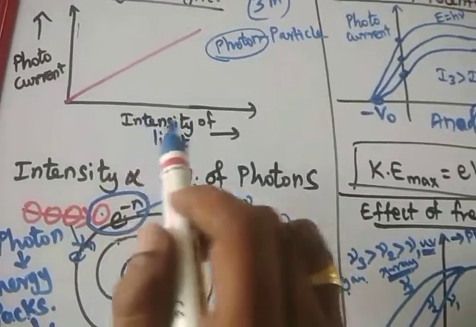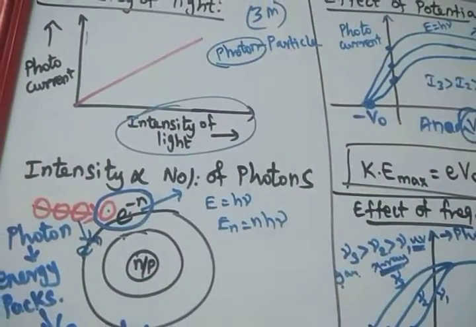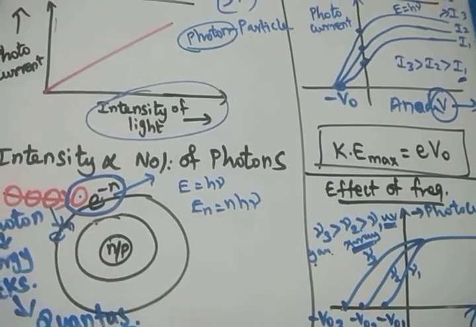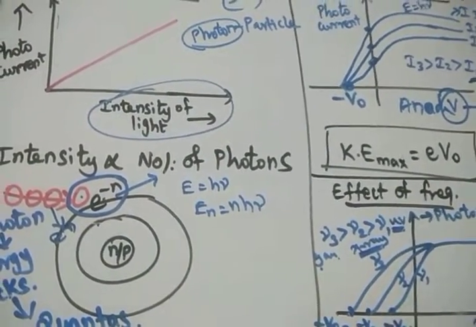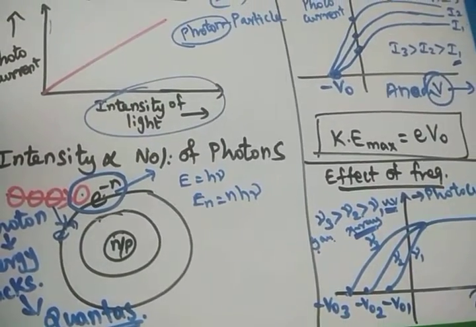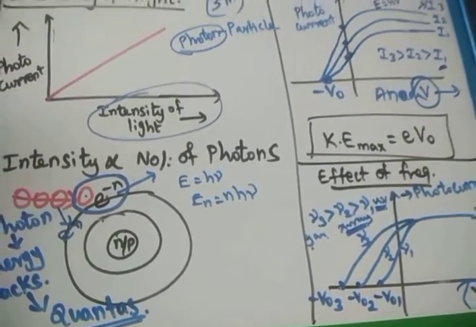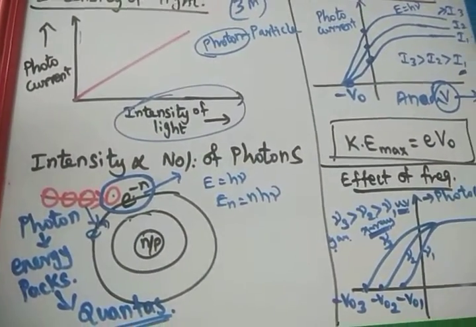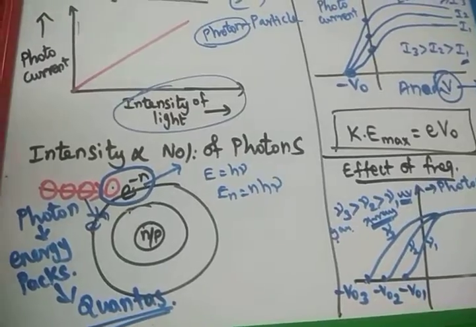The first explains the intensity of the incident radiation, the second the threshold frequency, the third the stopping potential, and the fourth that photoelectric emission is an instantaneous process. That is, whenever the light falls on it, the photocurrent is immediately emitted and flows through the conductor.